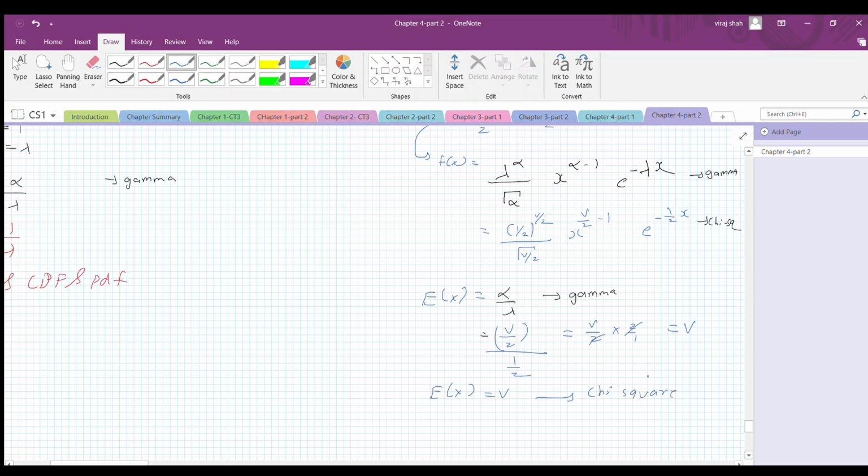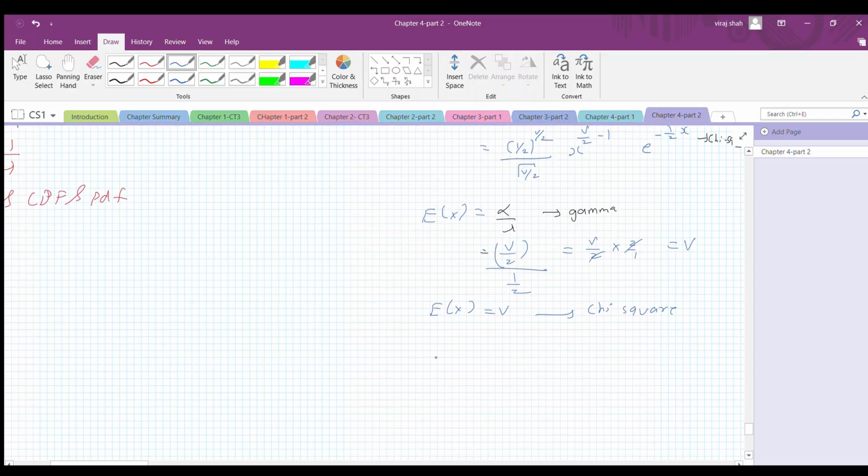Similarly, let us find variance. What did we get as variance of gamma? Nothing but alpha by lambda square. Let me substitute each value. Oh, I'm so sorry, I was about to write this with a black pen, because wherever there was gamma, I denoted it with black.